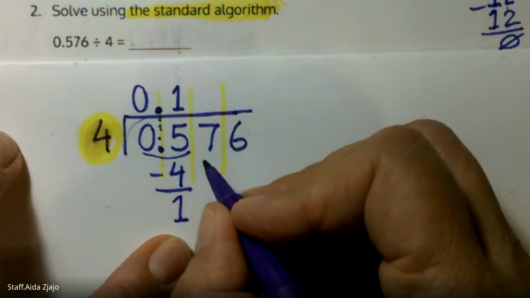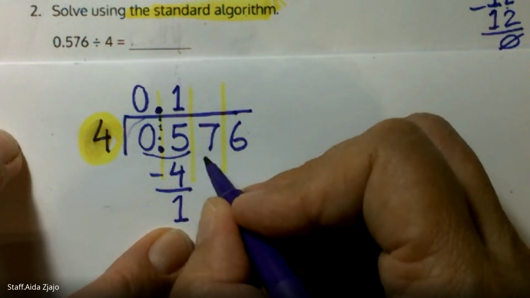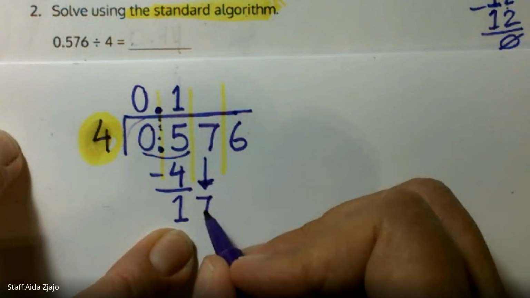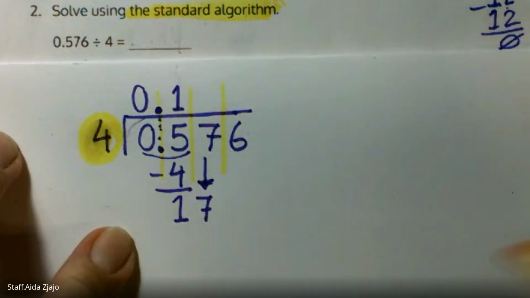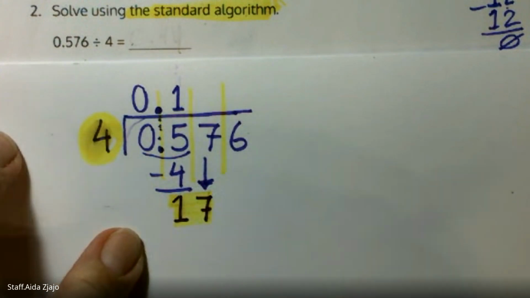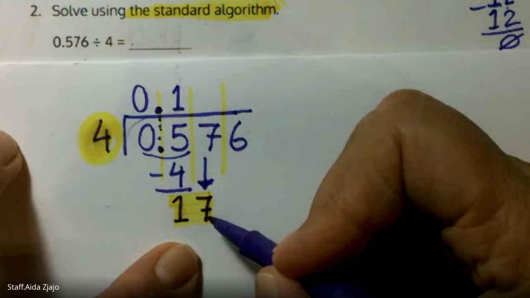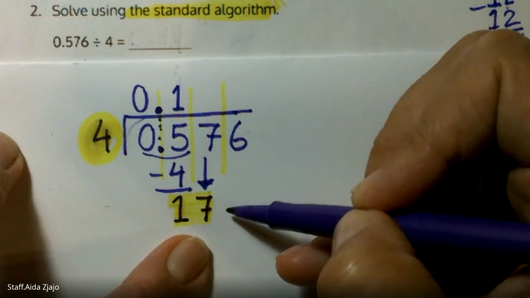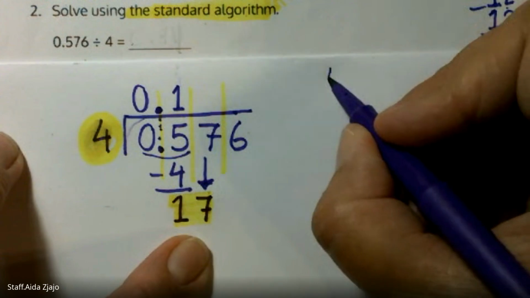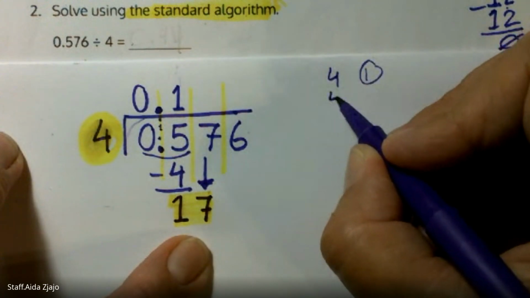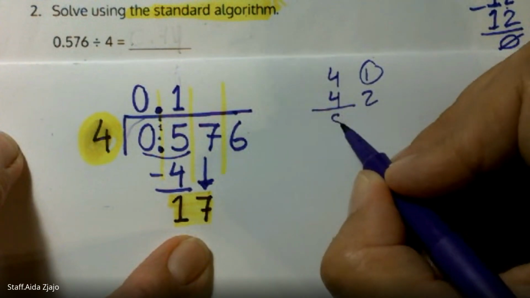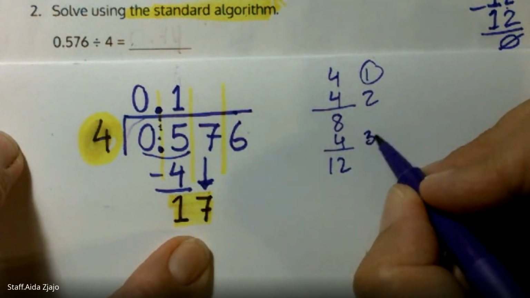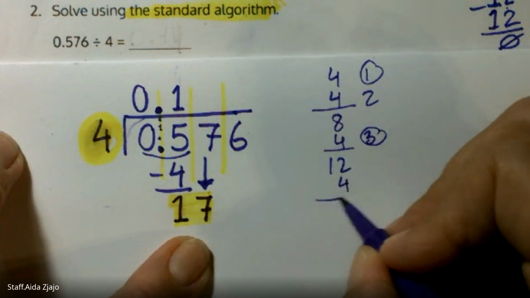Now I am regrouping the tenth into the hundredths, and I'm adding 7 hundredths, so now I'm going to have 17 hundredths. So 4 times what is close to 17? I can add 4, that's one group, and 4, that's 2 groups, that's 8. And if I add one more, that will be 12, that would be 3 groups. So I can add one more.